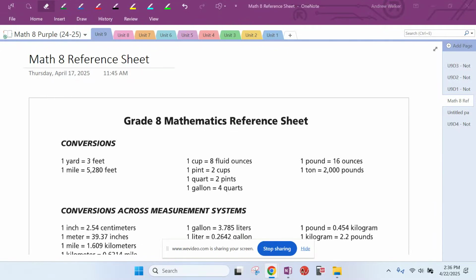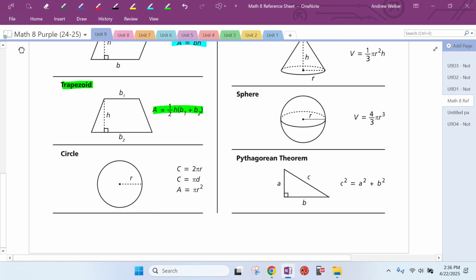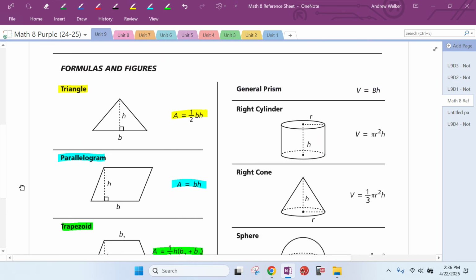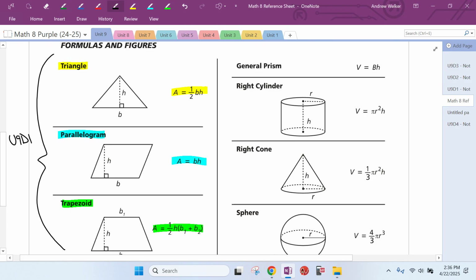First thing I want to say is let's make sure that we have our blue reference sheet out and available to us. So far, there's about 3 or 4 different formulas that we've talked about. Day 1, we talked about these 3 formulas. So this is Unit 9, Day 1.